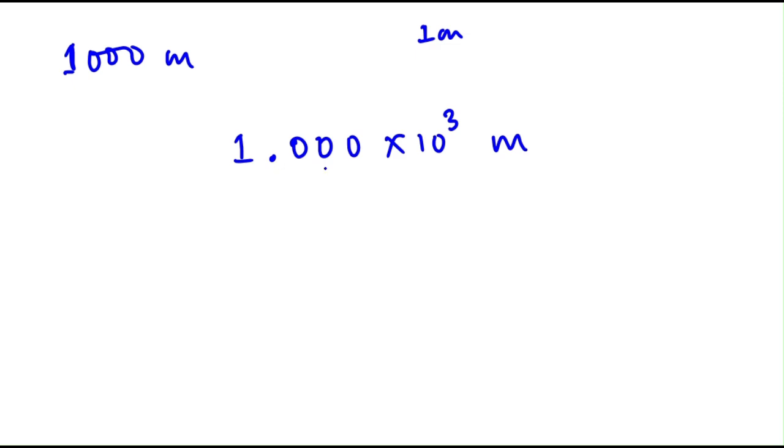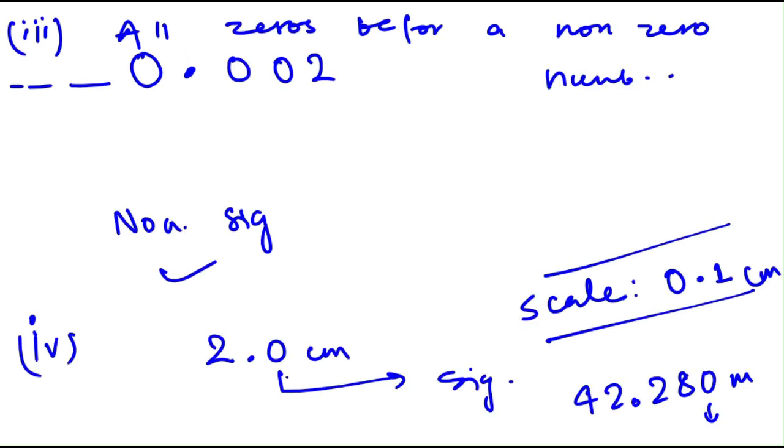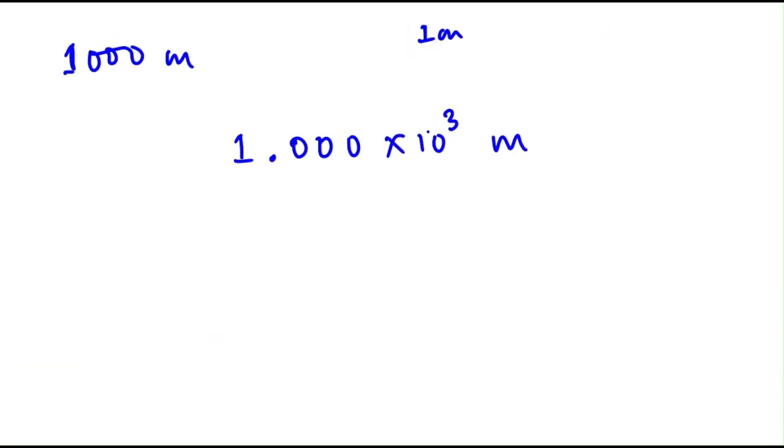After the decimal, we have three zeros here, and as we have discussed in the earlier example, this zero is significant because it reflects the resolution of our scale. With the same argument, we can say these three digits are also significant figures. So by representing it this way, we make clear that we have four significant figures here.